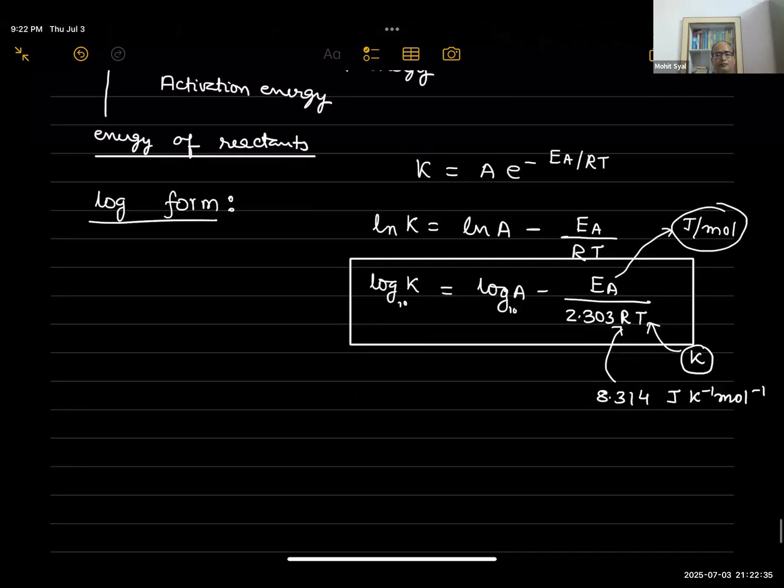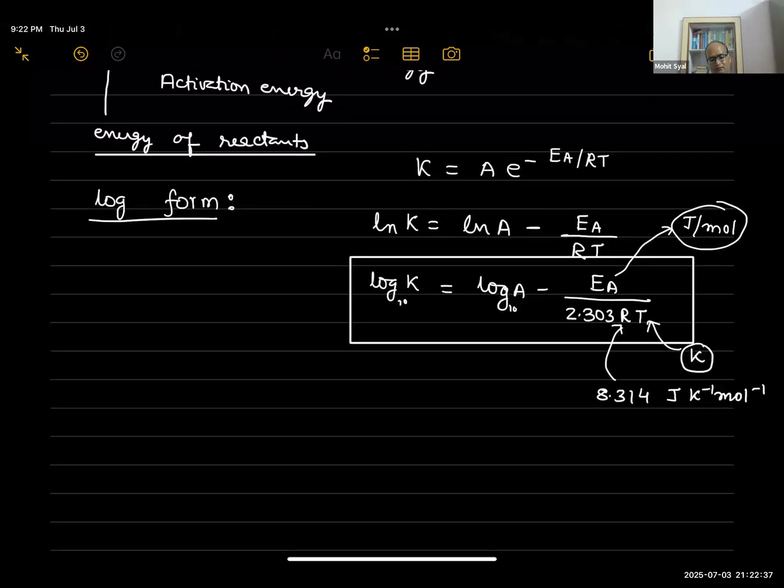Got it? And that's how you are going to get K. Is it clear or not? Any doubts in this?